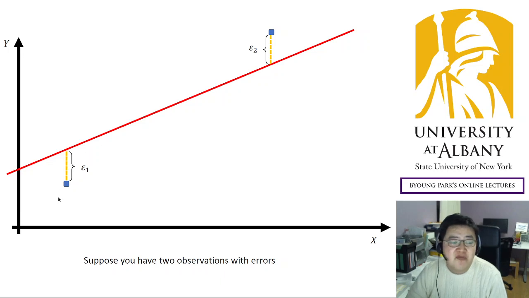The first observation has a negative error, so it is lower than the regression line. But the second observation has a positive error, which means it is above the line. Using these two observations, we would like to estimate the red line.